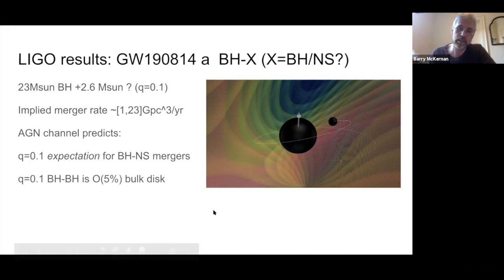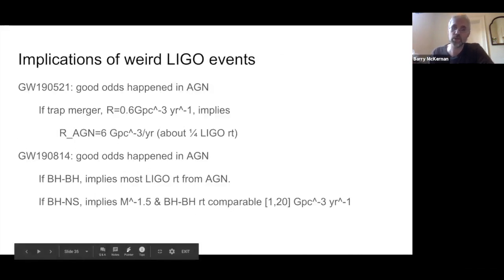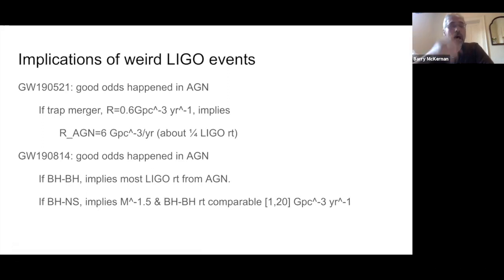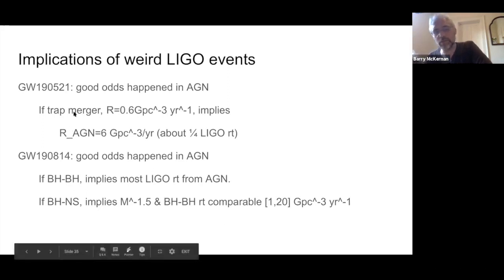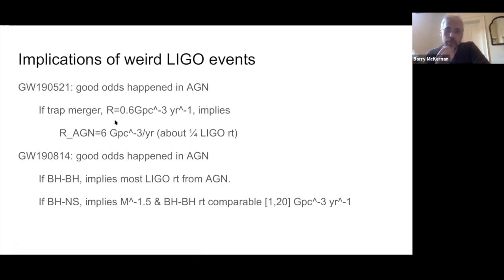So if you put those two outstanding LIGO events together, GW190521, if it was a trap merger, a merger at an AGN migration trap, it would imply that about a quarter of all black holes that LIGO is seeing are coming from an AGN mass merger hierarchy.